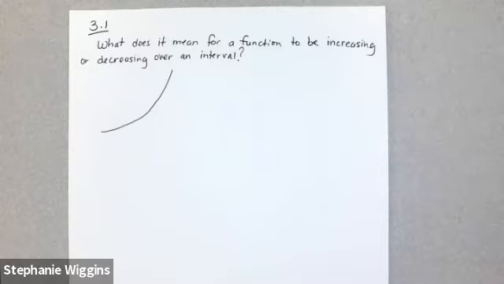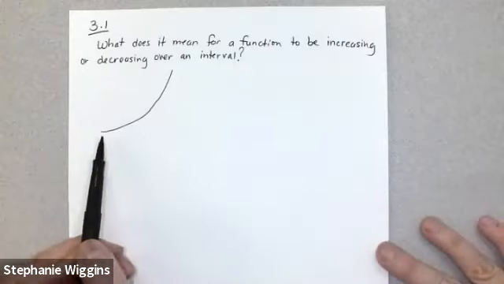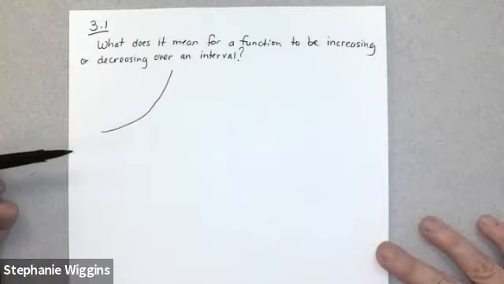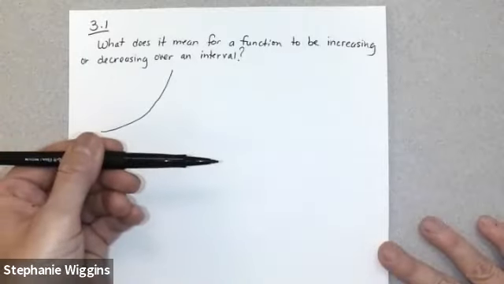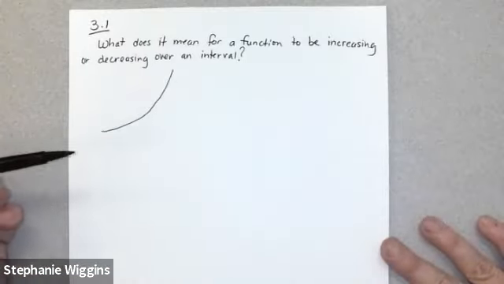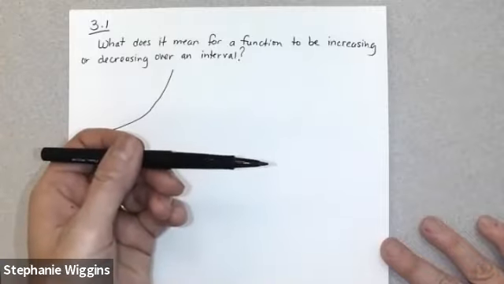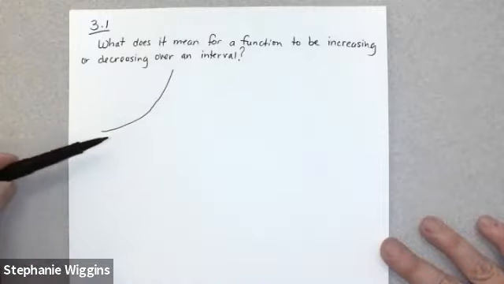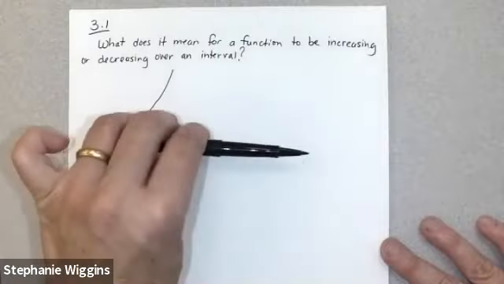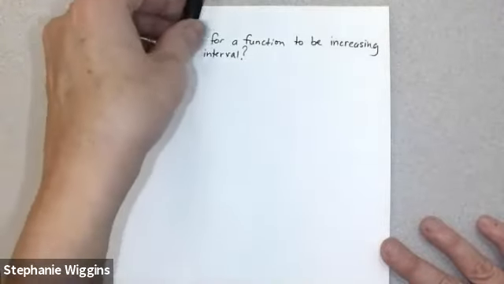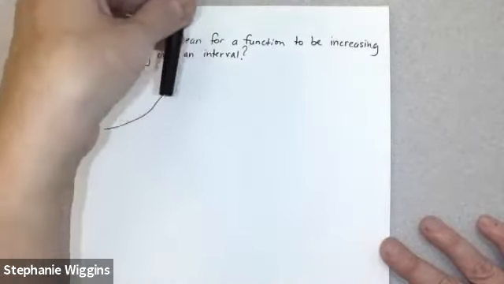And in mathematics, just like in English, we read from left to right, okay? So as we go in this direction on the x-axis, we are increasing. Our values on the x-axis are getting larger. And notice that as we move in that direction, the function is getting larger in a vertical direction as well.